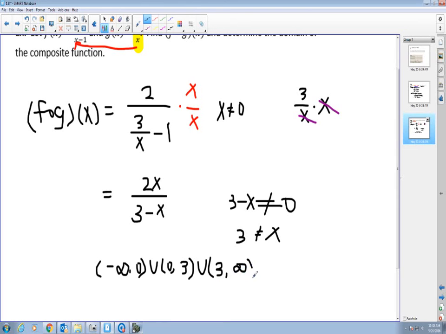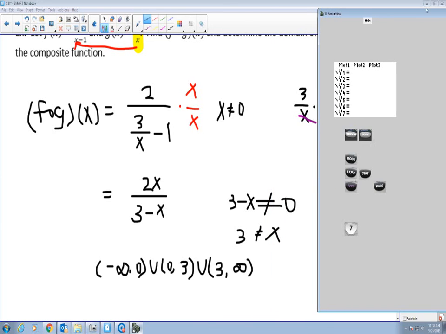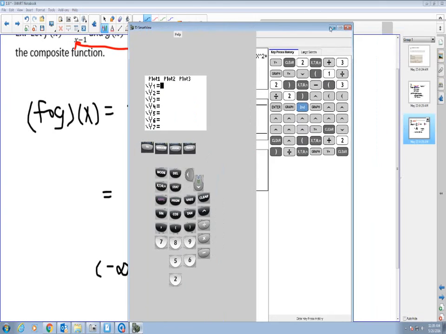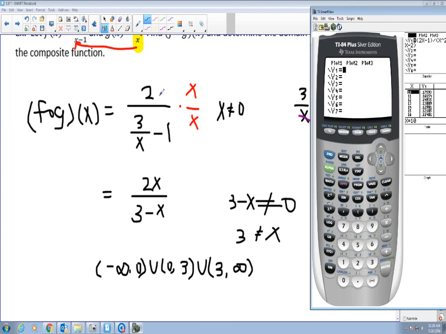Now if you want to graph this function, what I would do is probably graph this original function when I first write it out. So I'm going to type in this original function. So the numerator is just a 2 divided by, alright, the denominator has 2 terms, so I will open a parenthesis. The first term down here is a fraction term, so I will open another parenthesis for my 3 divided by x.